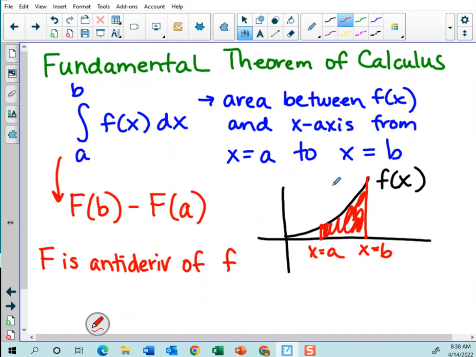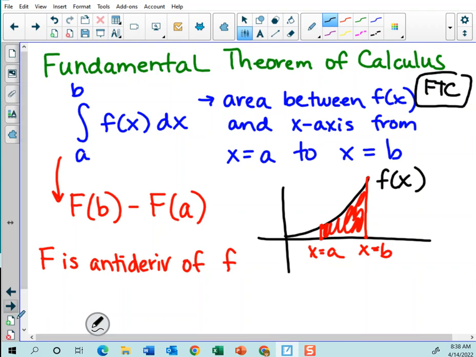So we're going to calculate things like this without having to draw them, without having to draw rectangles in, without having to run a bunch of Riemann stuff. We're going to calculate values of integrals using Newton's fundamental theorem of calculus, or FTC as we like to call it.